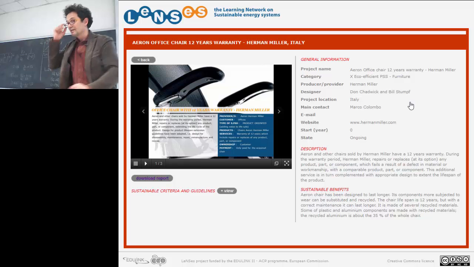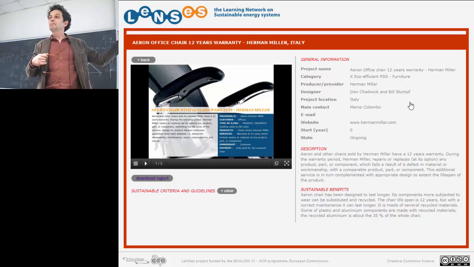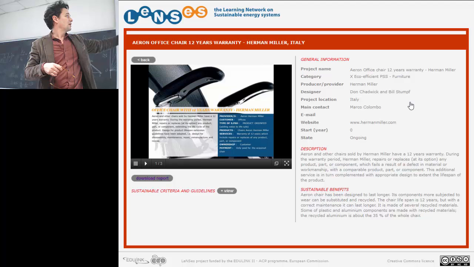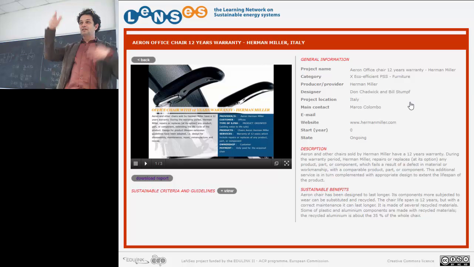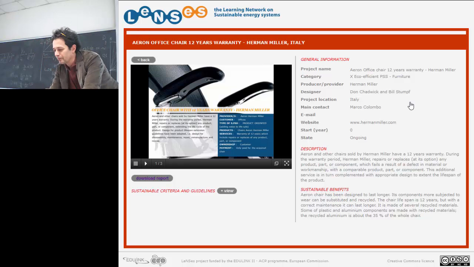If you look at the profile, you see a record made in this way, with information about a product, a general description, the sustainability benefit, and some other information if you want to find out more about this, and you can even download a report. Okay, so this is in case anyone is interested in deepening more than what I'm saying here. Okay, and here you go back.